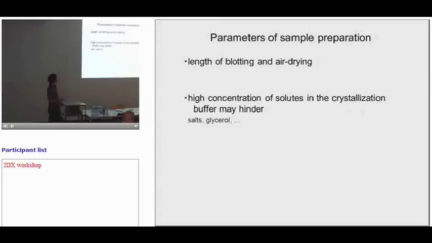You have to be careful when your crystallization buffer contains high concentration of some solutes, such as salts or glycerol. They are concentrated when preparing specimens, or even precipitated, so it will be problematic.